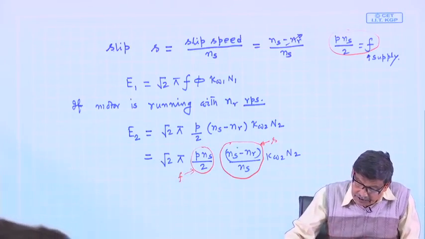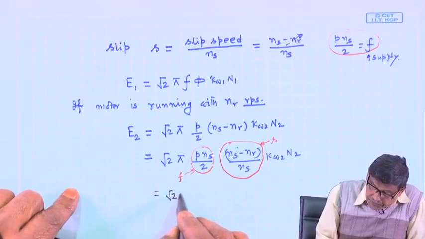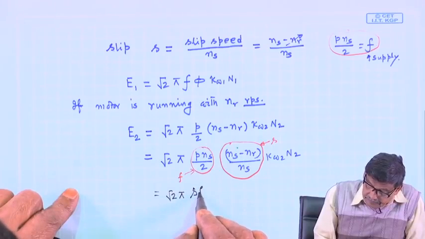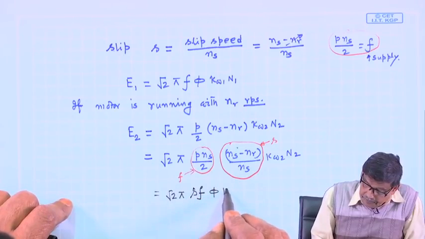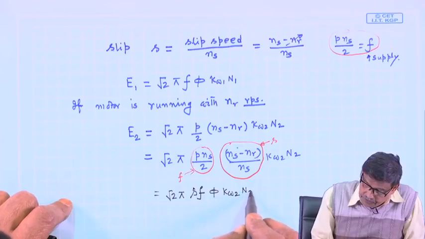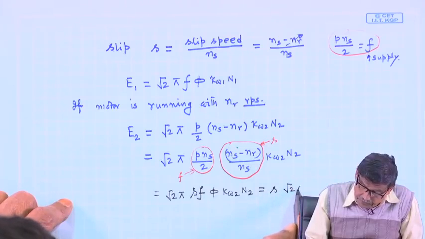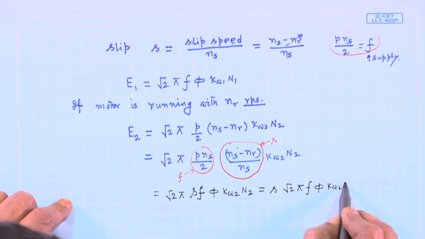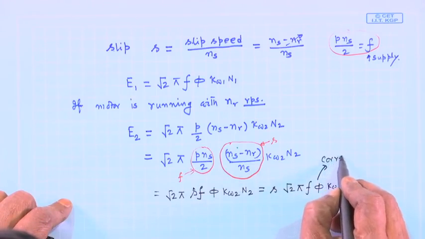So, this expression becomes equal to root 2 pi s f phi k_w2 N_2, or people write it as s times root 2 pi f phi k_w2 N_2, and do not forget that phi corresponds to B net.